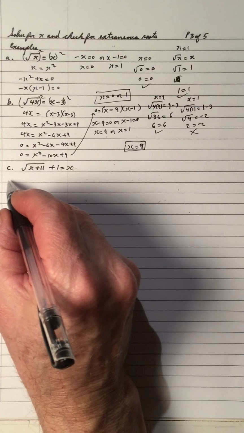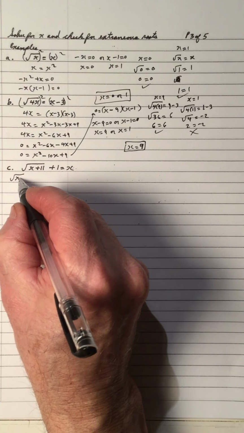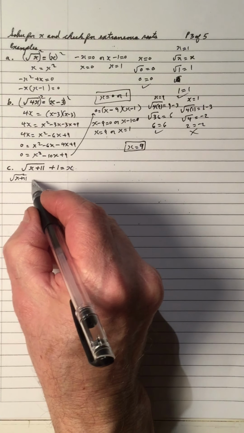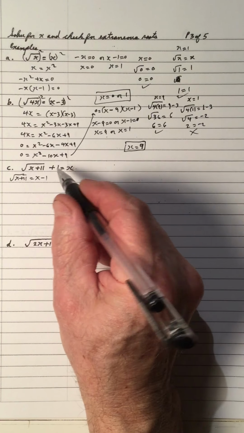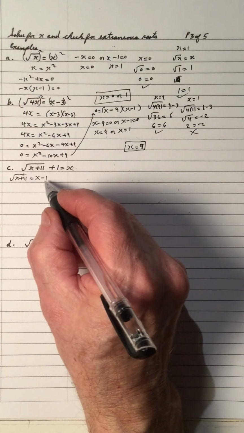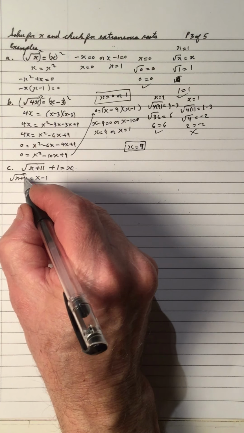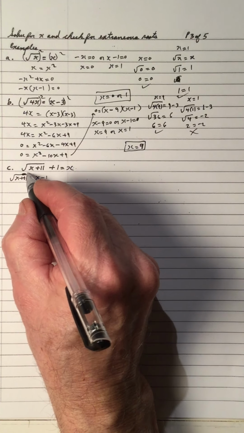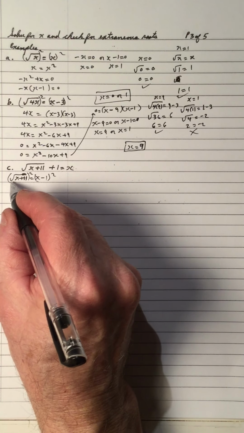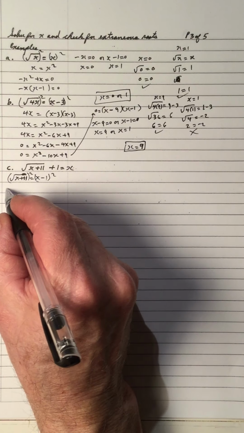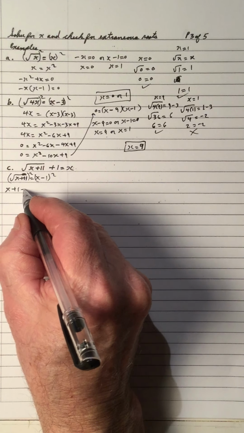C, we have to isolate the root. So the root of x plus 11 equals x minus 1. Move the plus 1 to the right and make it negative. Now we're going to square both sides. So the square root of x plus 11 all squared is x plus 11.